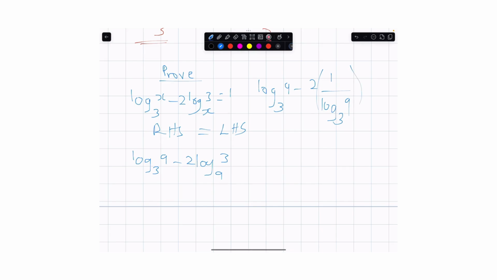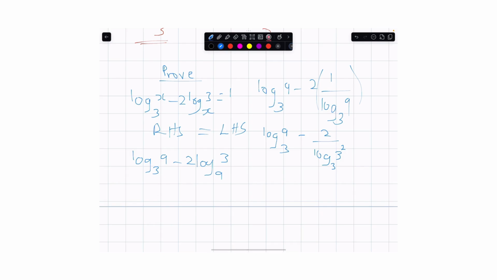So what this means is that you've got log of 9 base 3 minus 2 over log of 3 base 3 raised to the power of 2, because this will give you 9.